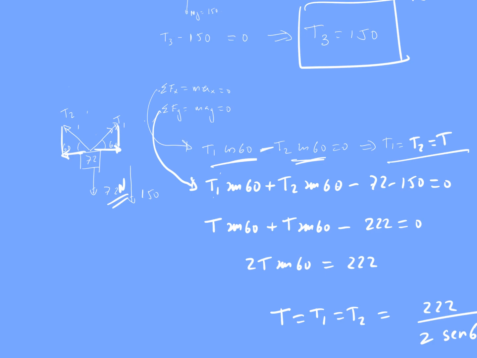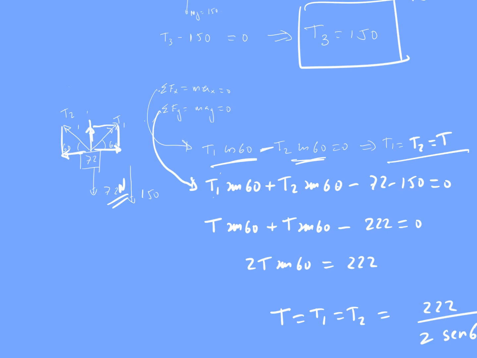So I have applied Newton's law for the x direction. Let's do it for the y direction. In the y direction, I see a force going downwards of 72, a force going downwards of 150, and the components of T1 and T2 going upward.